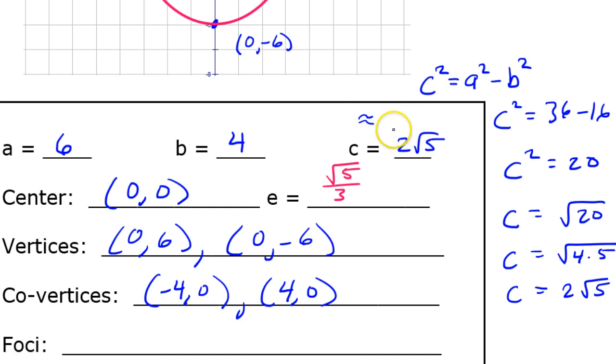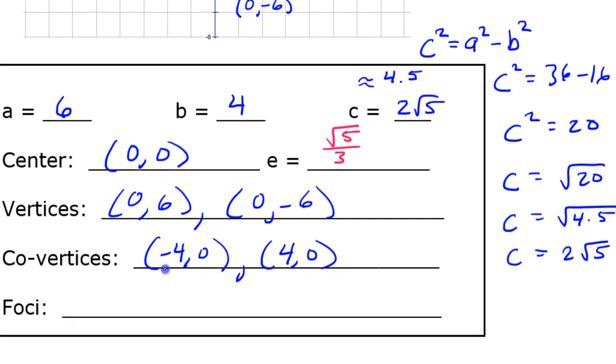So 2 radical 5 turns out to be approximately 4.47. I'll just say approximately 4.5. So that helps us know where to graph it. However, when I say the foci, I will use the exact form involving the 2 radical 5. I won't say 4.5 when I list them here.